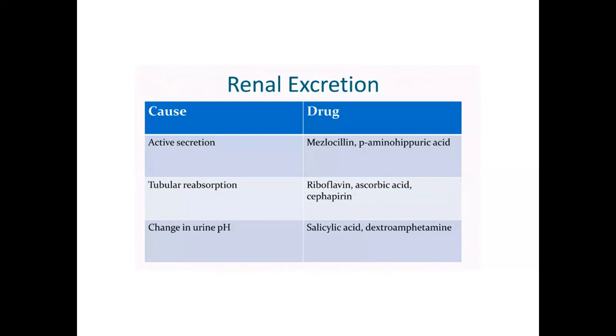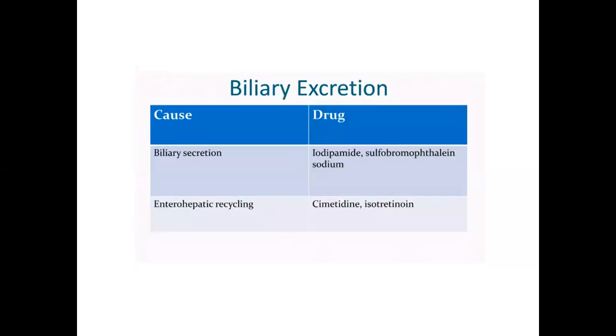Change in urine pH may occur with drugs like salicylic acid and dextroamphetamine. Excretion is also affected by biliary secretion or enterohepatic recycling. Biliary secretion is affected by drugs like iodipamide and sulfobromophthalein sodium. Enterohepatic recycling may occur with drugs like cimetidine and isotretinoin.